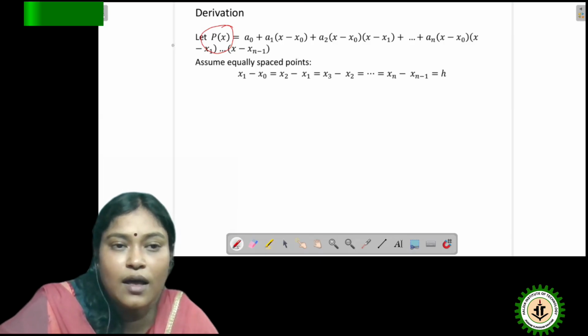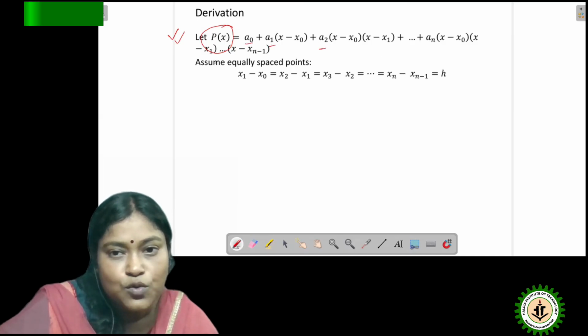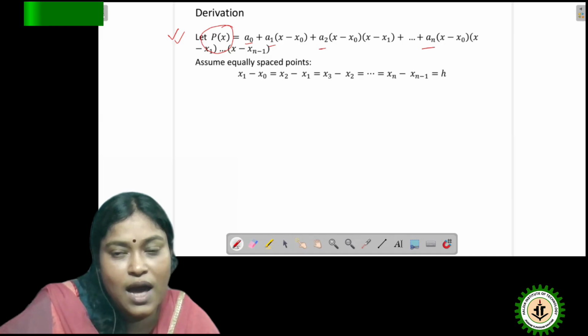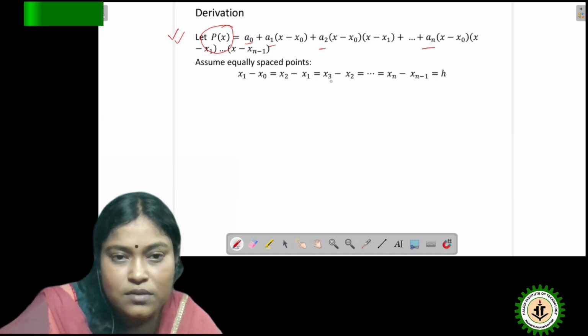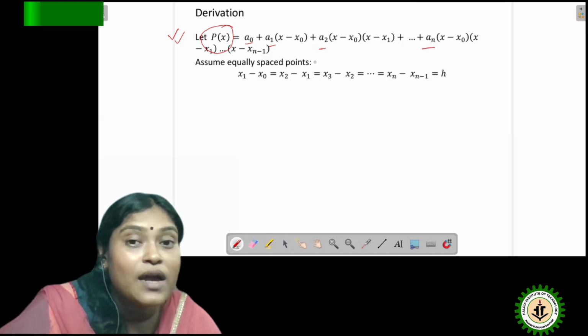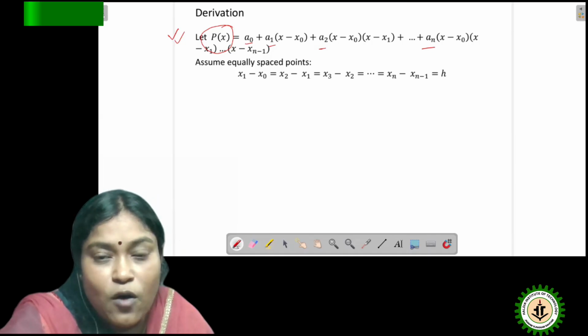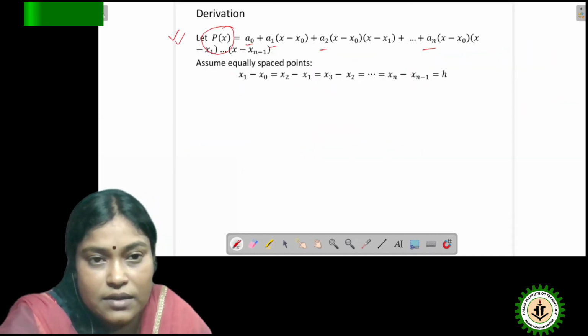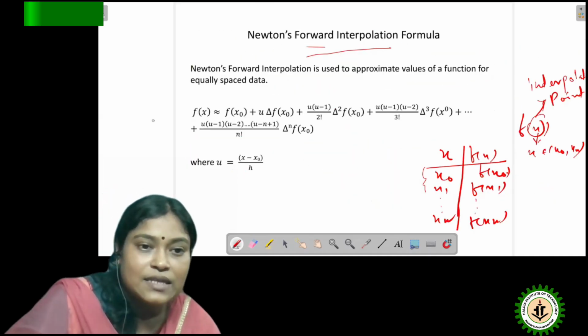So this is the considered polynomial. Now a naught, a1, a2 up to an are all unknown and we have to find these values. We are deriving Newton's forward interpolation, and from this considered polynomial we will get the formula.